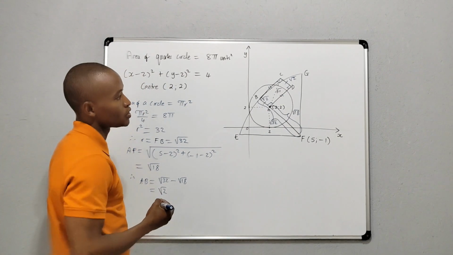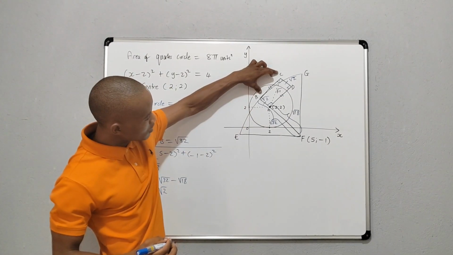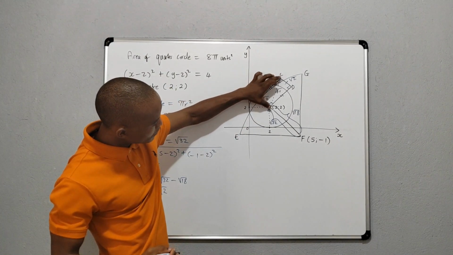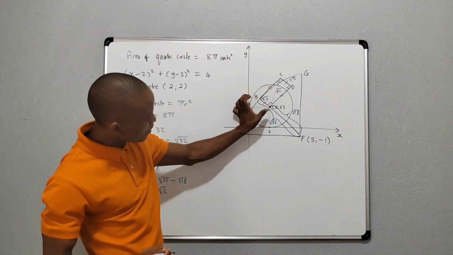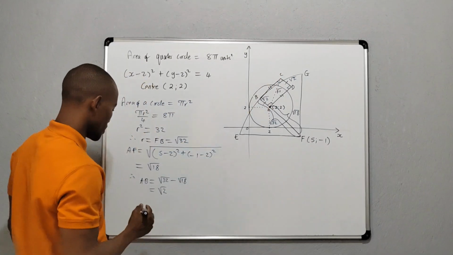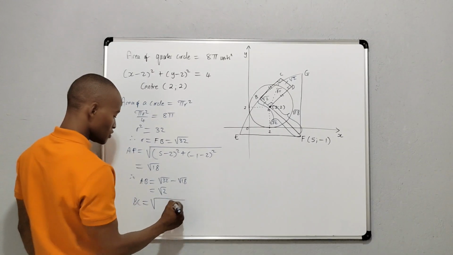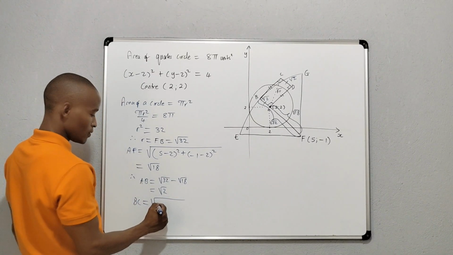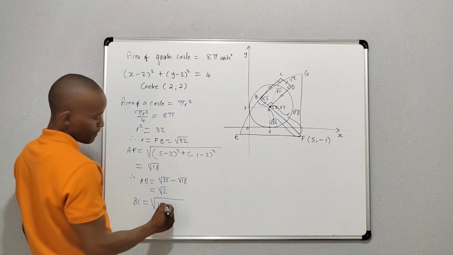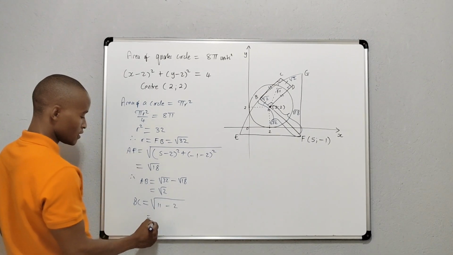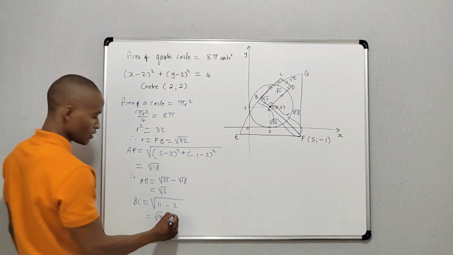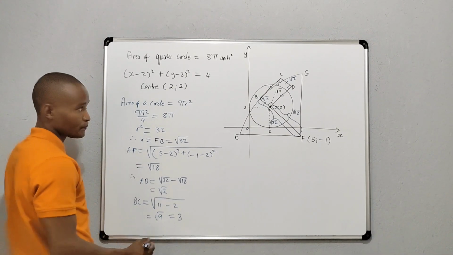So what do we know? BC will be square root of 11 squared minus square root of 2 squared. So by Pythagoras, BC is the square root of 11 minus 2, giving us square root of 9, giving us 3.